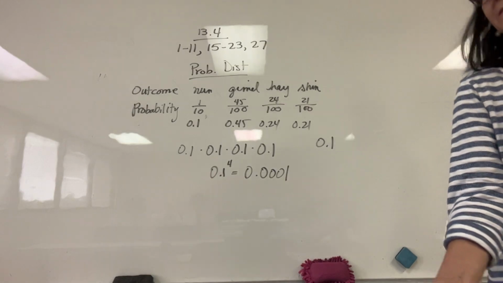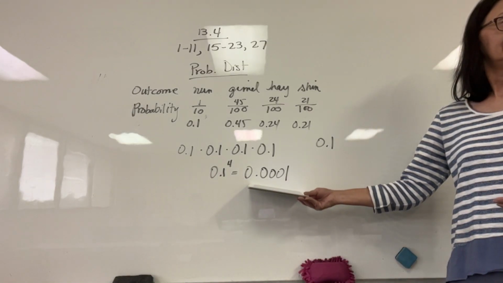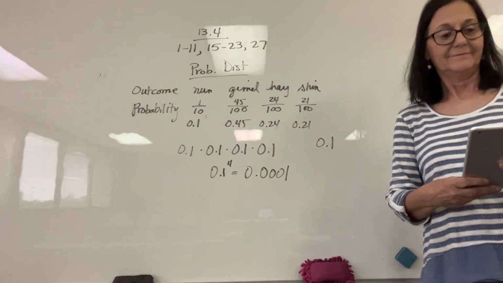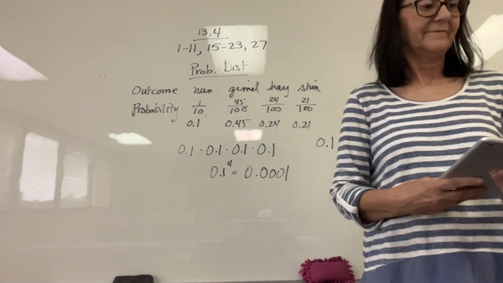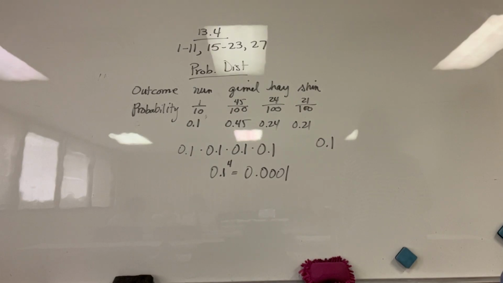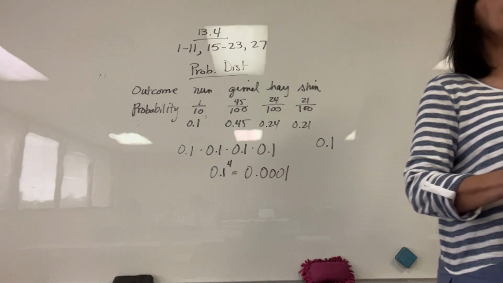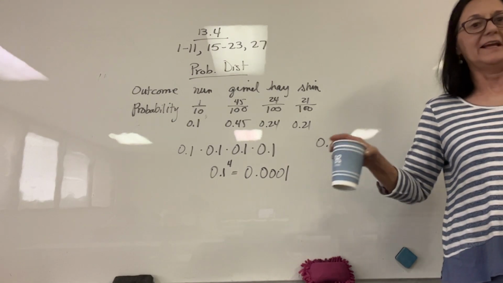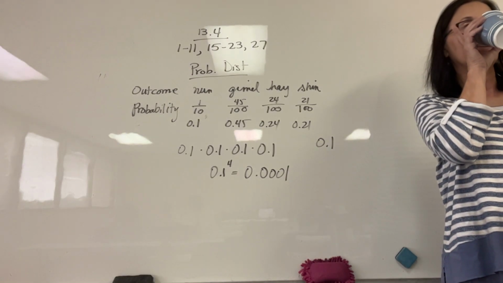Okay, I thought that was wrong, but it is 1/10,000. Just put it in your calculator, right? No reason not to.